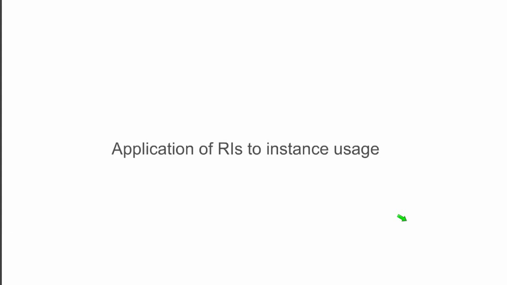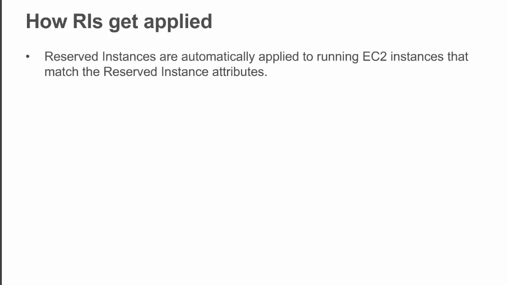Now let's spend the last few minutes understanding how RIs get applied to your instance usage. And we will walk through some scenarios to explain these in greater detail. RIs are automatically applied to running EC2 instances that match the RI attributes.